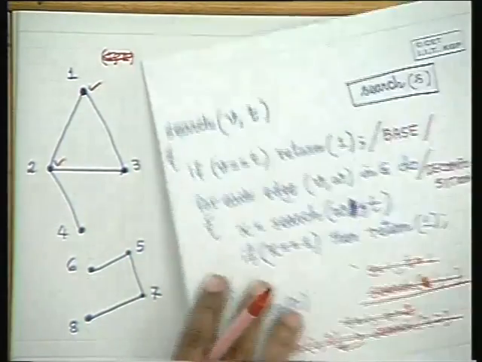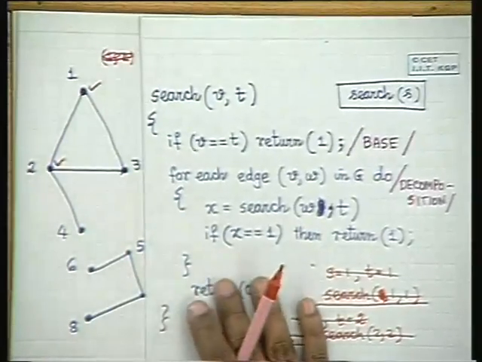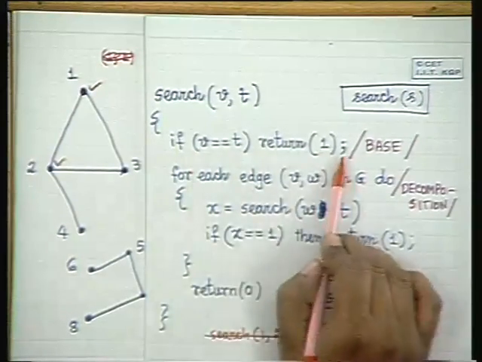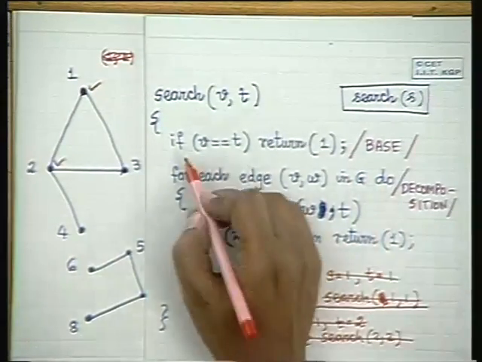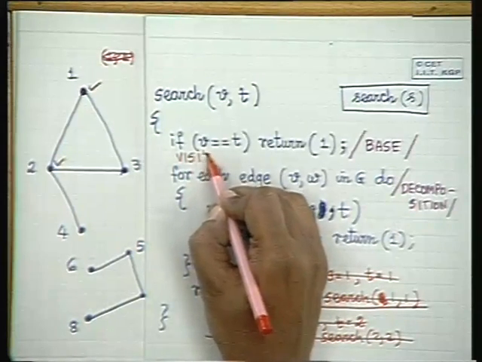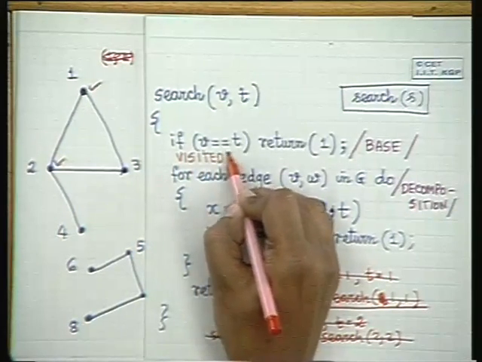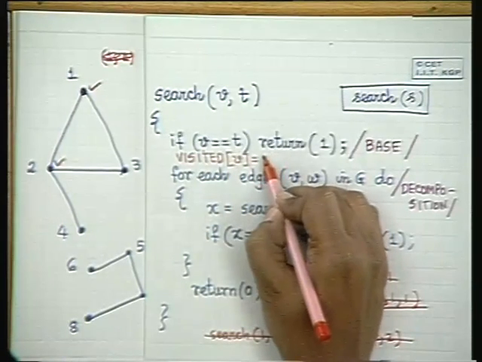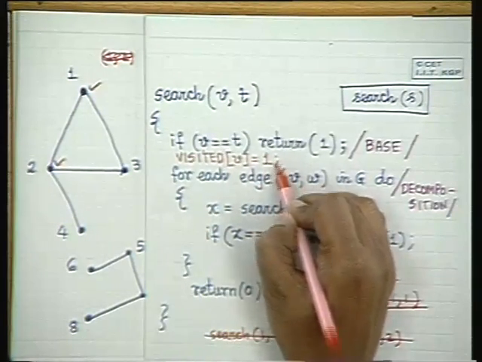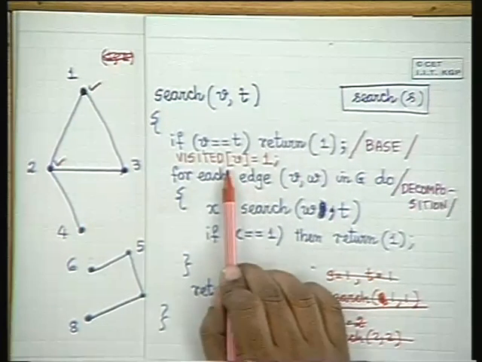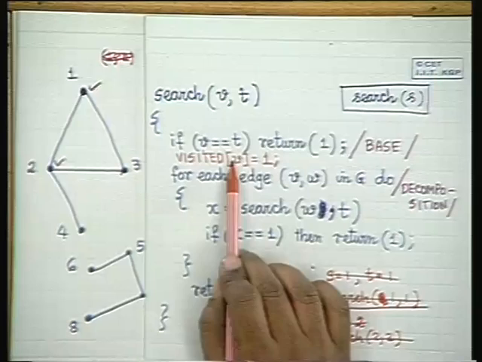So let us come here. This part is okay. For each edge in V do, before this you say visited V, it's a global array, is equal to 1. That is, it is visited.